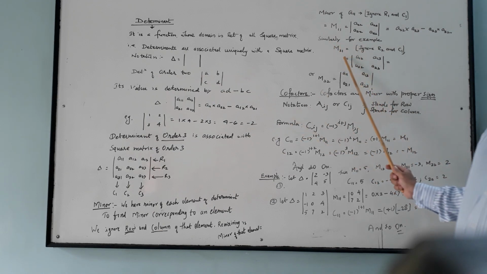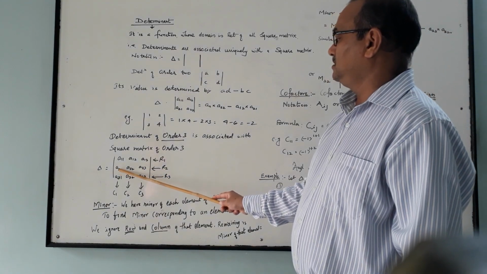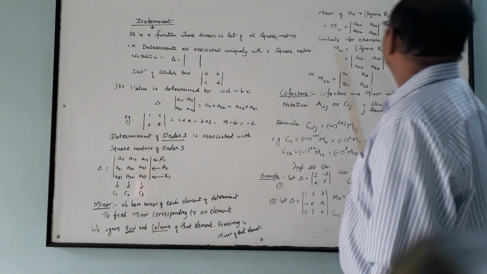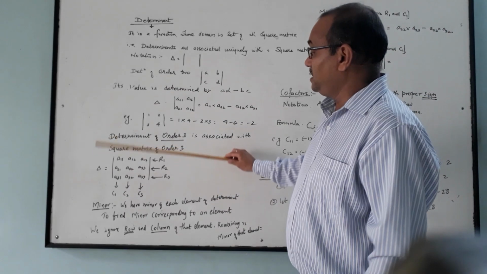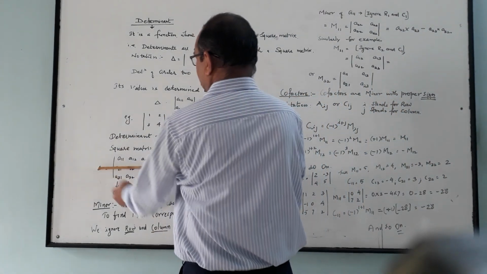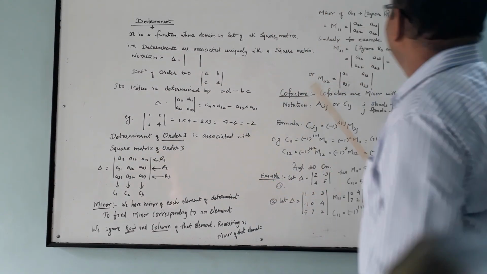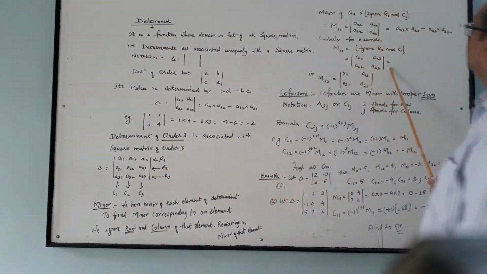Similarly, M21 means the minor corresponding to A21. This is the element of second row and first column. We will ignore R2 and column 1. We ignore these, A12 and A13 are remaining, and down A32 and A33 are remaining.